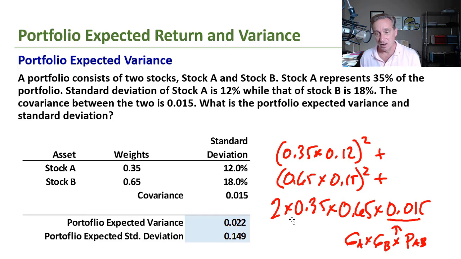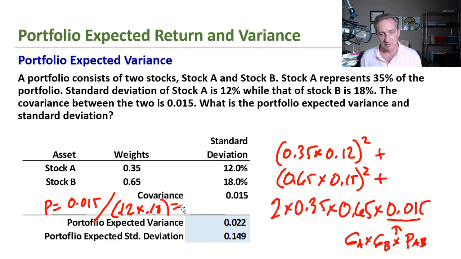Although I could deduce it, having been given the covariance. My correlation must be equal to 0.015, the covariance, divided by the product of 0.12 multiplied by 0.18. And I think I got about 0.70. I think that's why I changed the assumption.